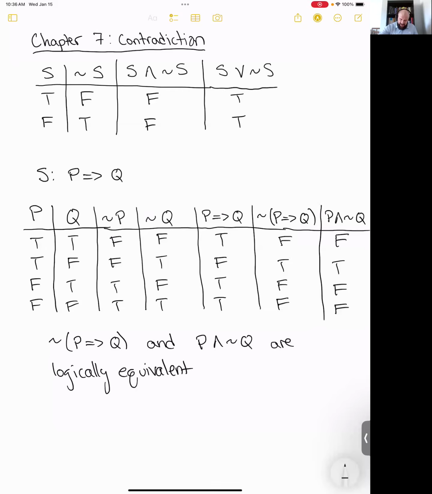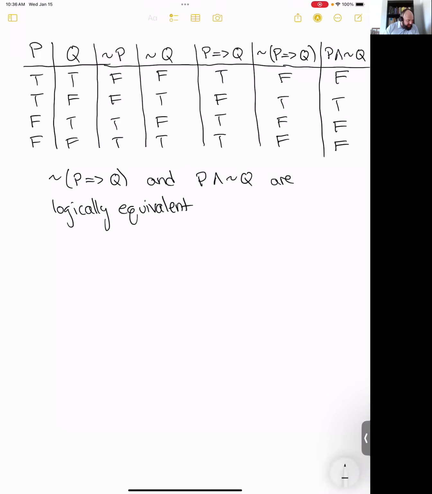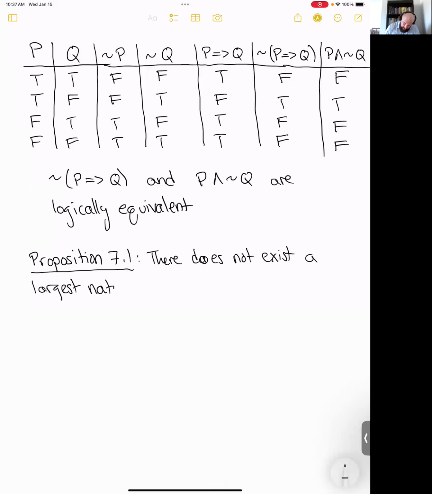But now that I've mentioned the idea, you have to see several examples of this to really understand what I mean in practice. So let's look at some examples, all right? So first is proposition 7.1, which is that there does not exist a largest natural number.